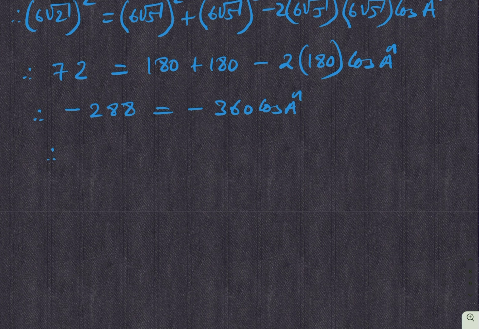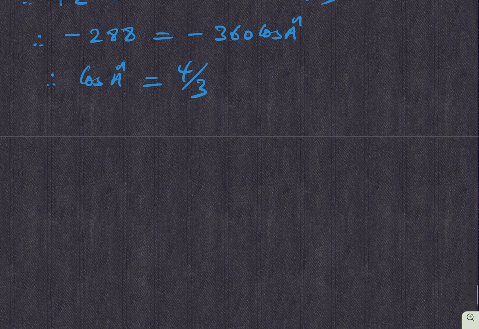Therefore, divide everything by that. So this will tie down to cos A is equals to, if we divide this by that, it's going to be giving you 4/3. Please be careful, it's a positive situation. So you are looking for the angle.